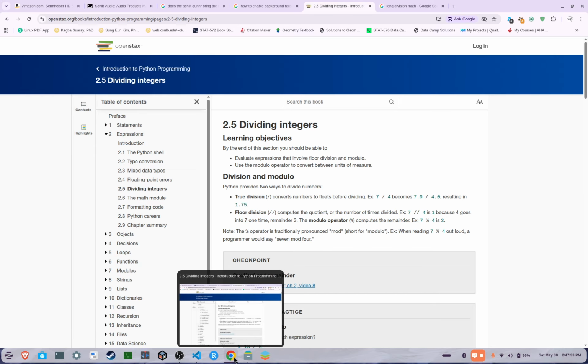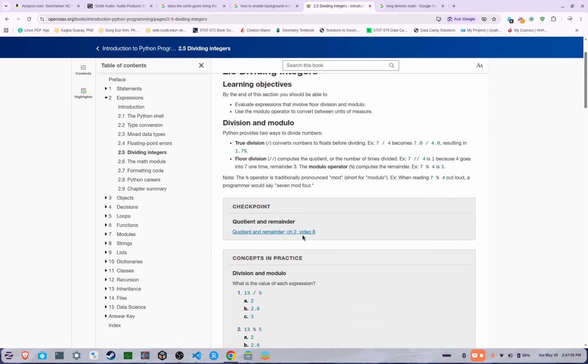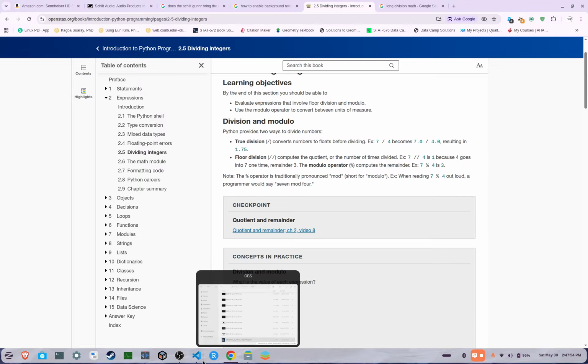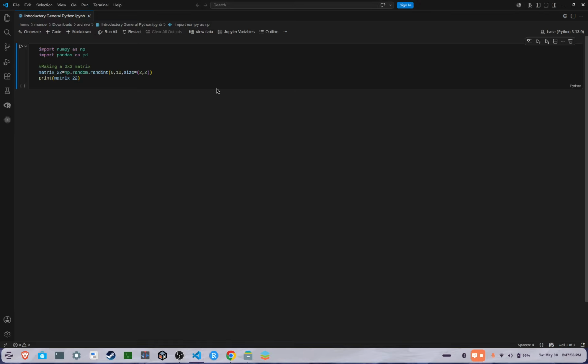However, to a computer, remember, a computer only does integer. Well, Python does floating, which is a decimal, integer, which is the whole numbers, and strings or objects as they call it. So let's go ahead and open up Python.